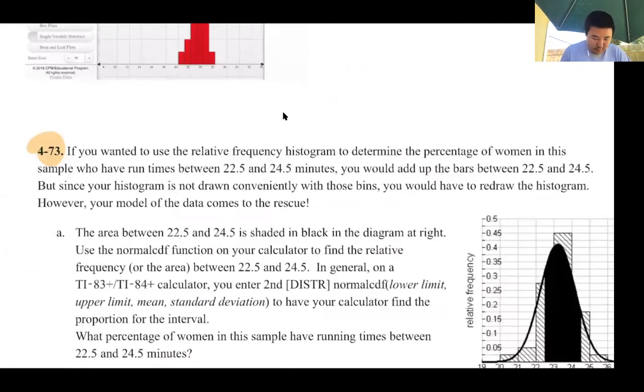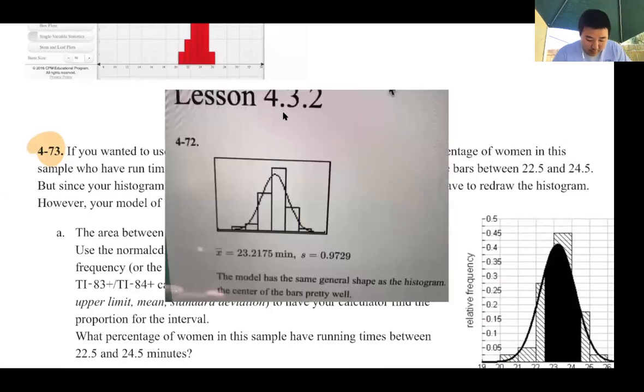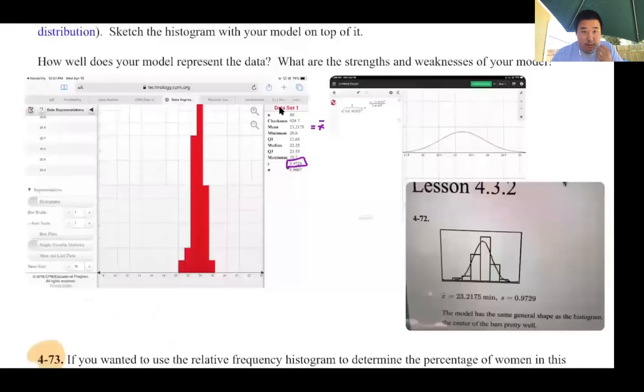Then that's the normal curve over top. So it actually does a pretty good job modeling it. Most of your data is in the middle, and then it gets less and less as you spread out.